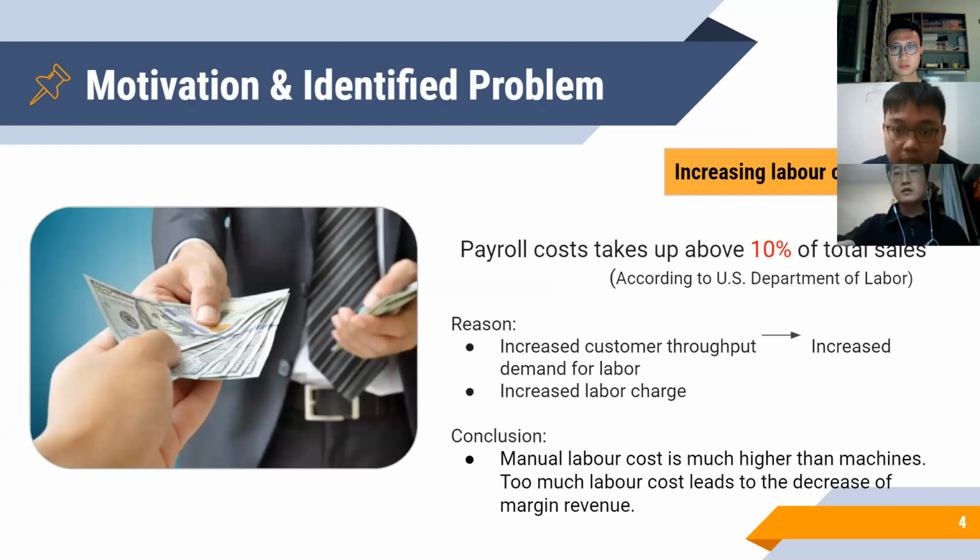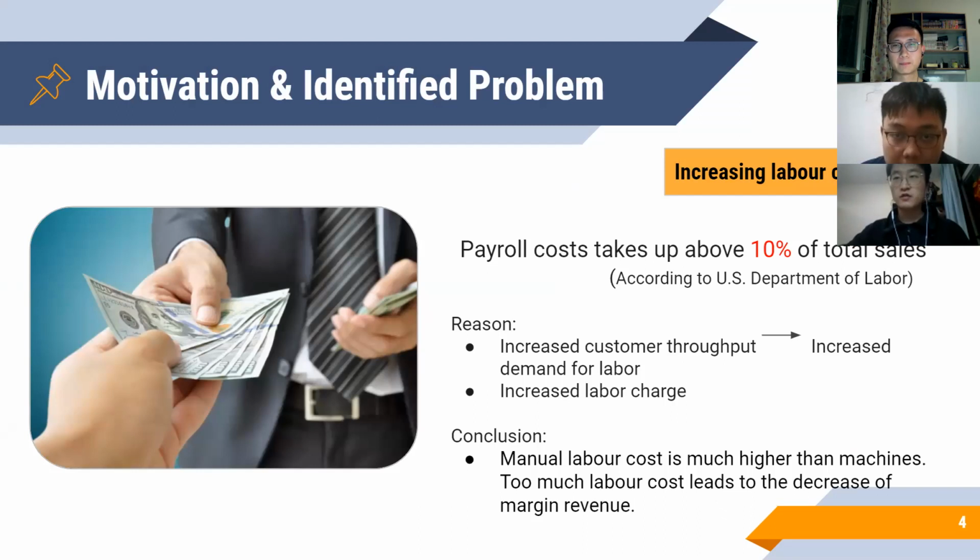The second problem we see is the increasing labor charge. According to the US Department of Labor, payroll costs are one of the biggest operating expenses of any company, taking more than 10% of the total gross sales.